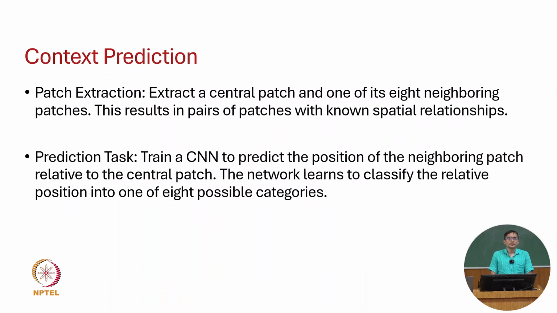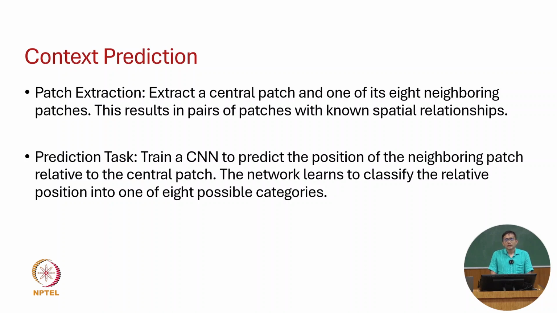The first step in context prediction is patch extraction. That is, given an image, we can divide it into a number of patches or grids, right? Let's say 3x3 patches, or even 5x5 patches. It could be a different number as well.